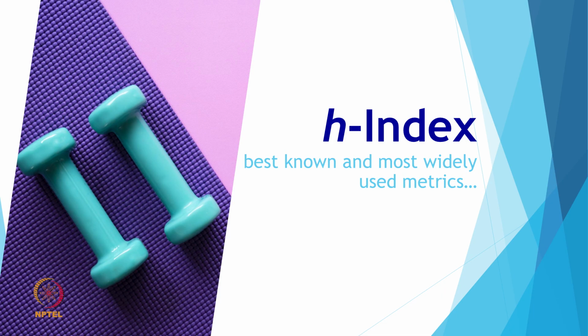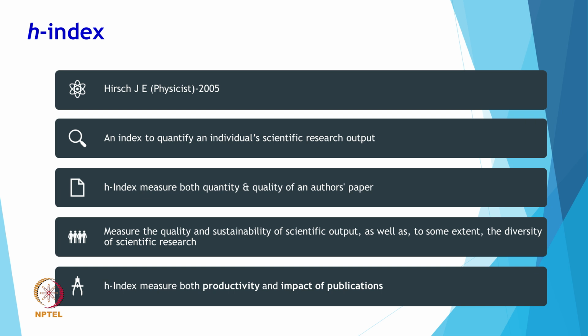So, the first one is H-index, which is the best known and most widely used metric. H-index was proposed by J. Hirsch, a physicist, in the year 2005. It is an index to quantify individual scientific research output. H-index measures both the quality and somewhat the quantity of an author's papers.